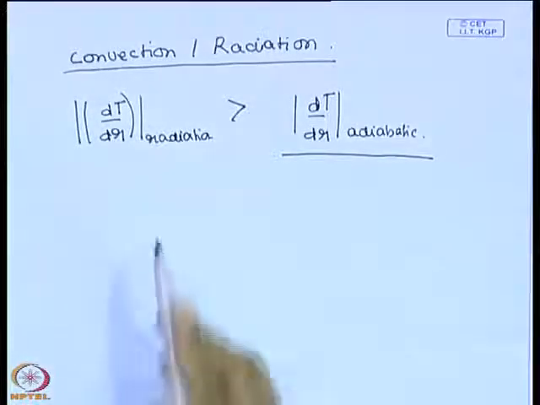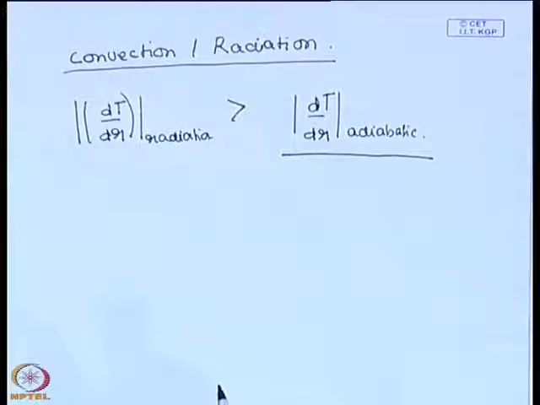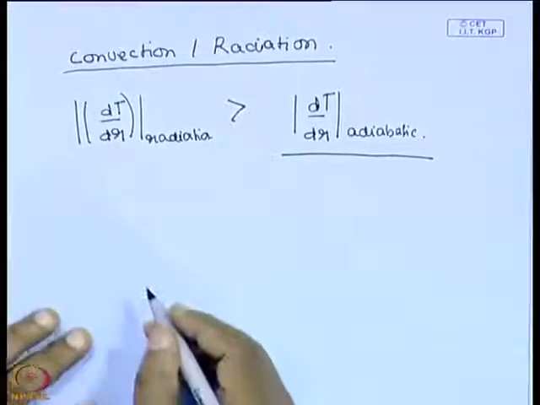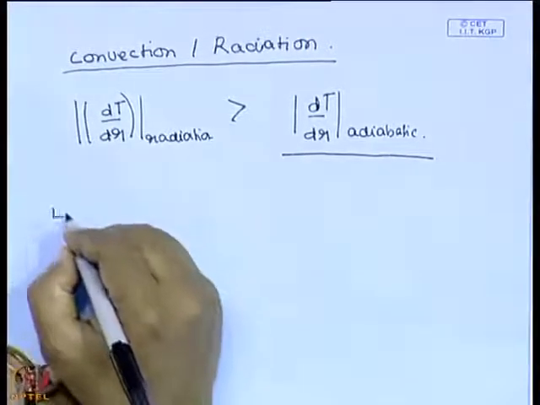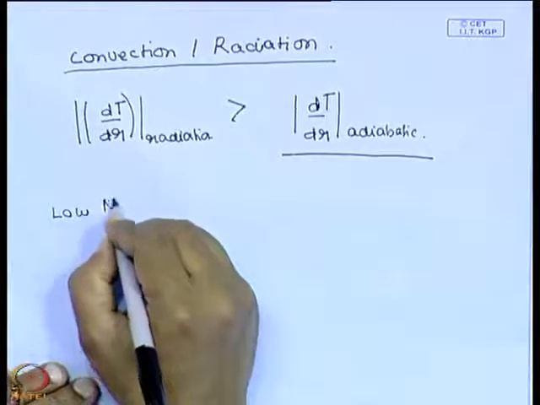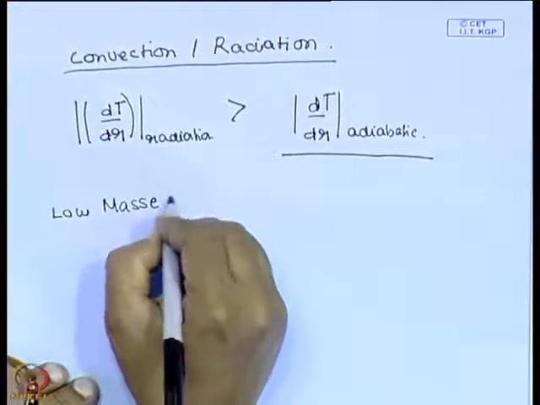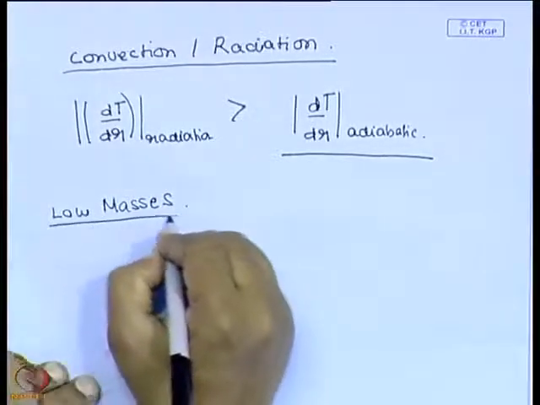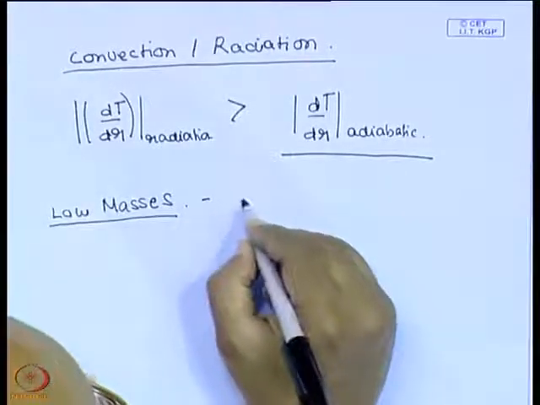Okay. Now, when you solve these 4 equations with the extra conditions that we have discussed, it turns out that for low masses, the energy transport is entirely convective.